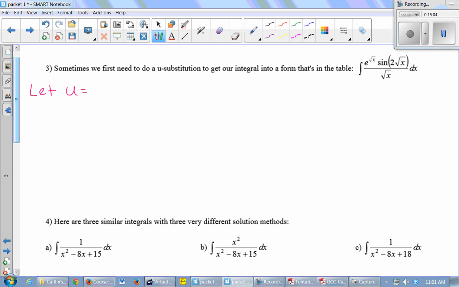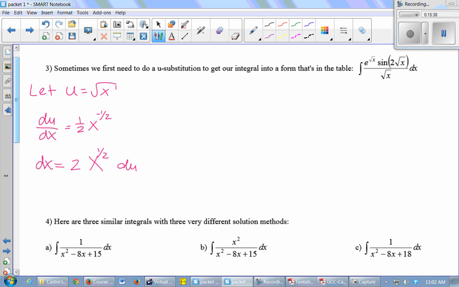So I'm going to let u be the square root of x, which means du dx is 1/2 x to the negative 1/2. So I multiply both sides by dx and by 2, so I have 2 du, and then multiply both sides by x to the positive 1/2.